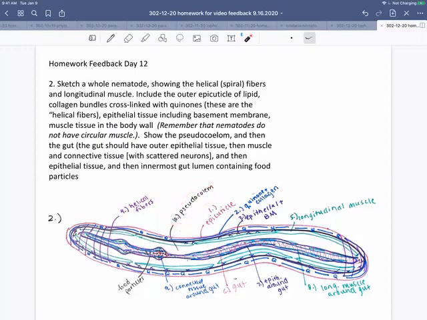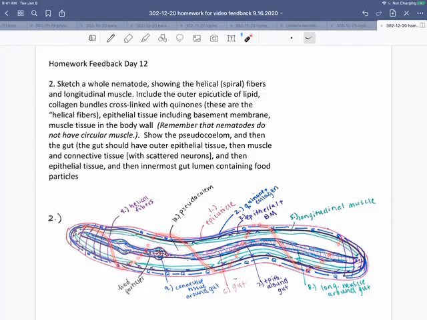So there's the pseudoskeleton. The helical fibers are wrapped around the body like this. So we go here, and then here, and then here. So they're disappearing behind the body, coming out again, disappearing behind the body, coming out again.